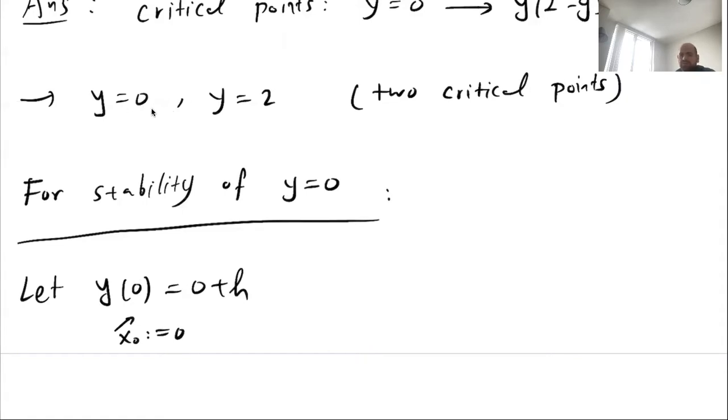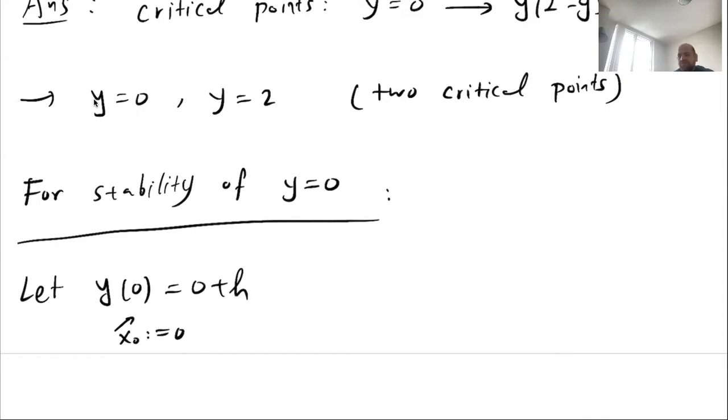Because when we concluded that y equals 0 is a critical point, it also means that y equals 0 as a constant function is a solution for our equation, which we called an equilibrium solution. Now, if we change the initial condition slightly from 0 to 0 plus h, y equals 0 will not be a solution anymore.